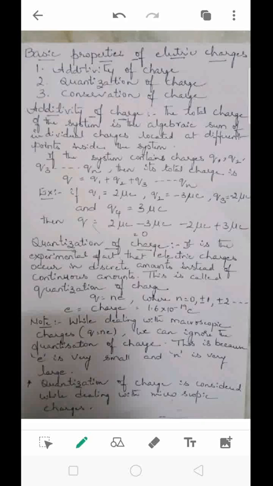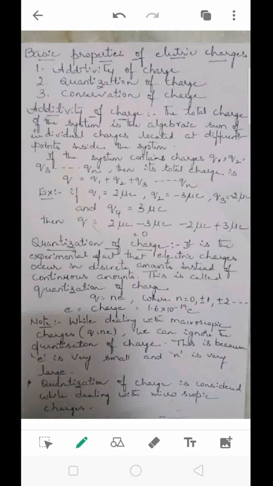First, let us learn about additivity of charge in detail. Like mass, electric charge is a scalar quantity. Just as the mass of an extended body is the sum of all the masses of its individual particles, the total charge of an extended body is also the algebraic sum of all its individual charges located at different points inside it.